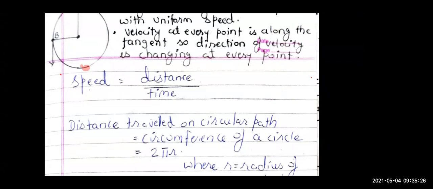A tangent is a line which touches the circle at that point only, and it makes an angle of 90 degrees with the radius of the circle. So suppose that point is P, and you want the direction of velocity at point P. How will you find it? You will just draw a tangent at point P.